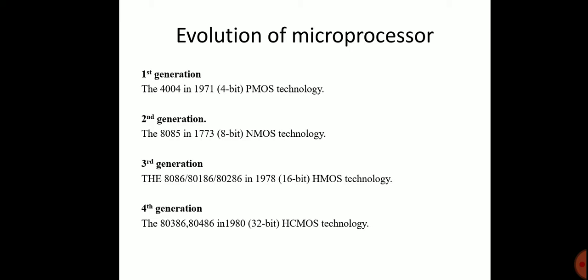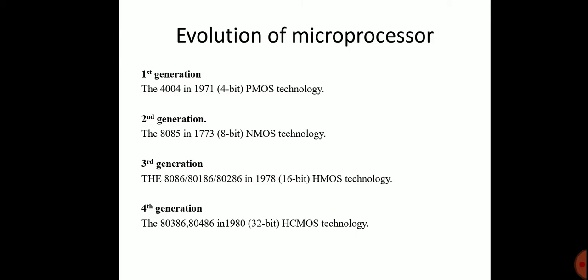Finally, the fourth generation: the 80386 and 80486, in 1980, which are 32-bit, in HCMOS, complementary technology. So these are the advanced processing units of Intel processors.